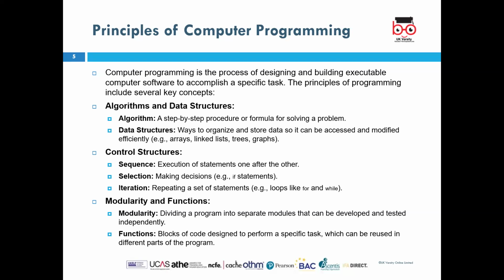But it's also really important to look into data structures. So why is data structure important? This is a way to organize and store data so it can be accessed and modified effectively. By having data structures, we're going to reduce the time complexity. We're going to save on space and time, and create readable and executable code.